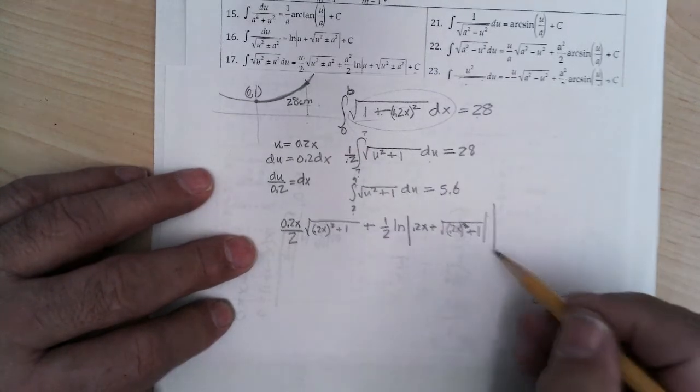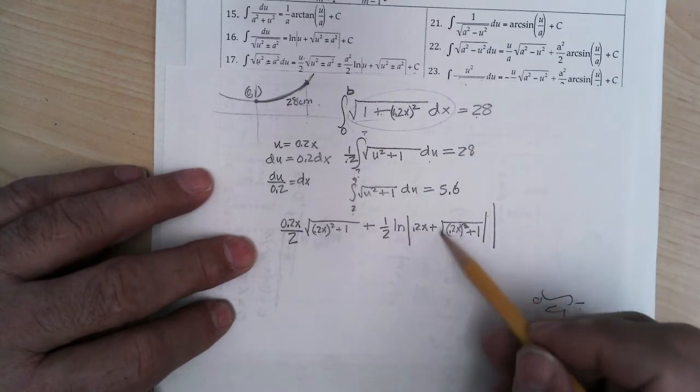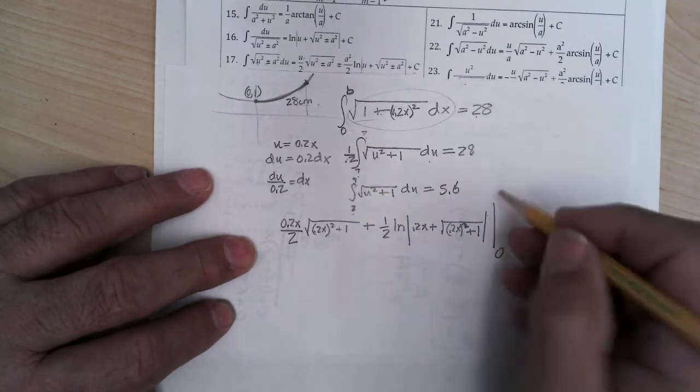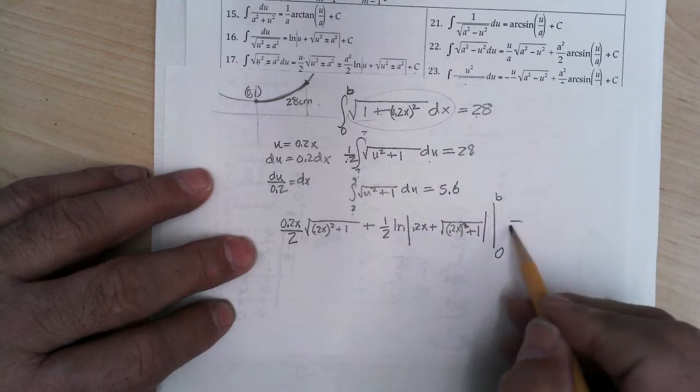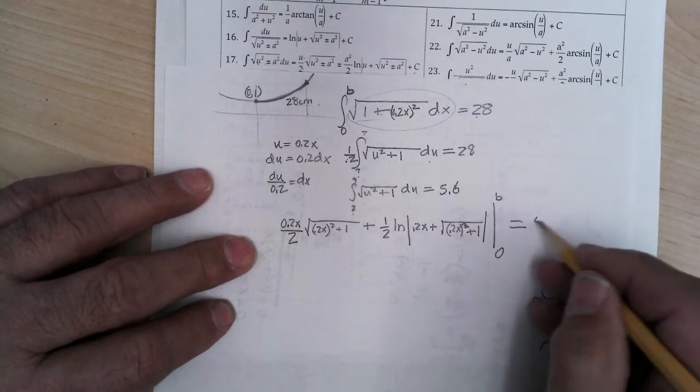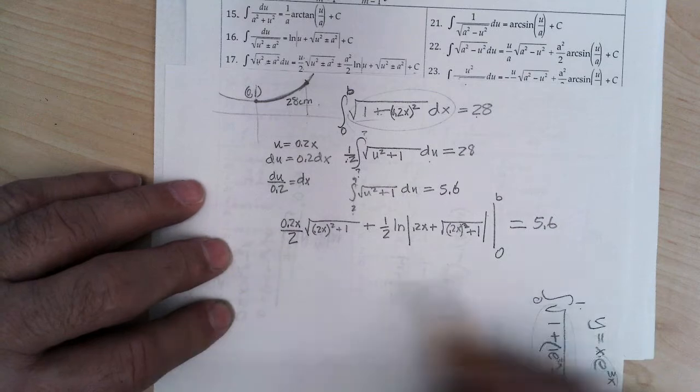I'm now back into x's, so it's from 0 to what I want to find out, and it's got to be equal to 5.6 since I took the 0.2 over.